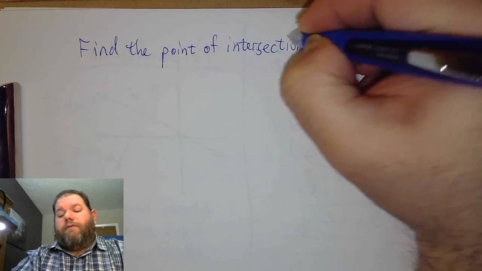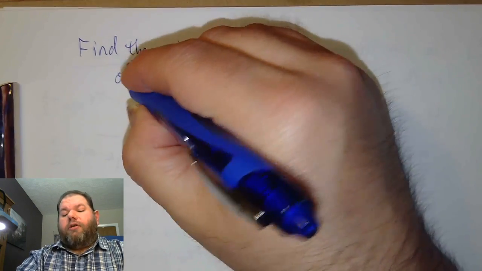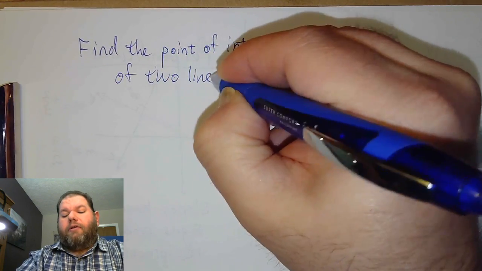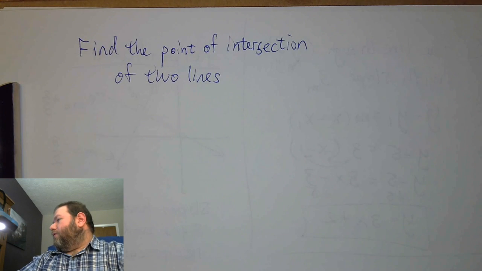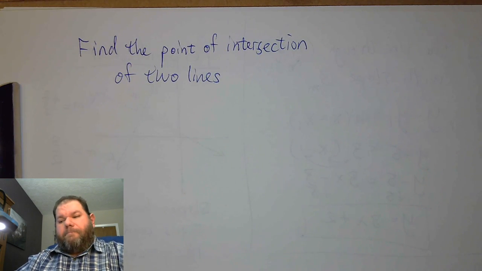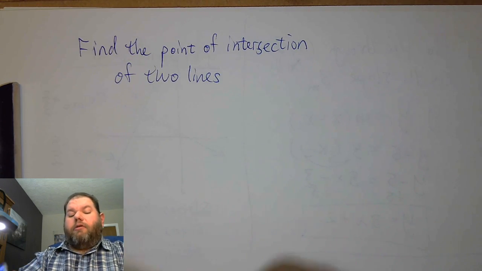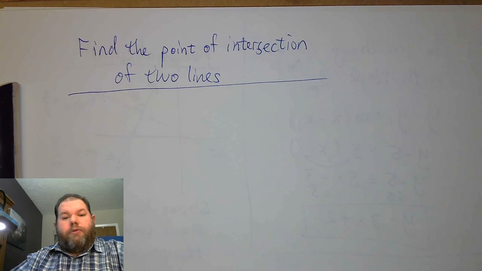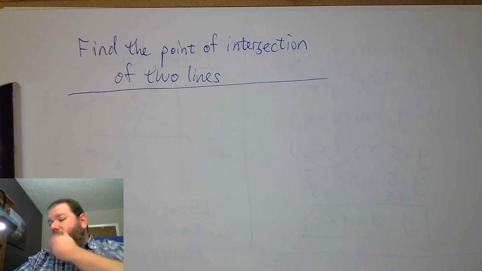And the goal here is to find the point of intersection of two lines. So how do we know where two lines intersect?